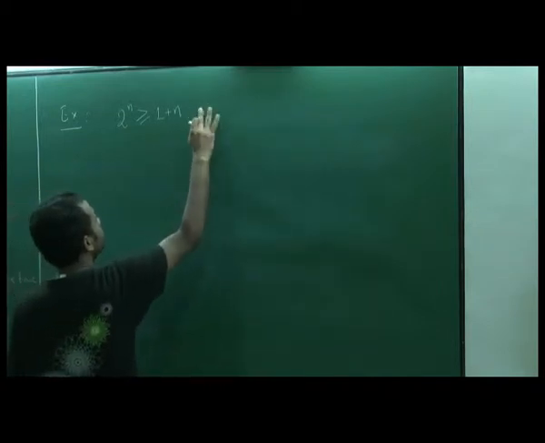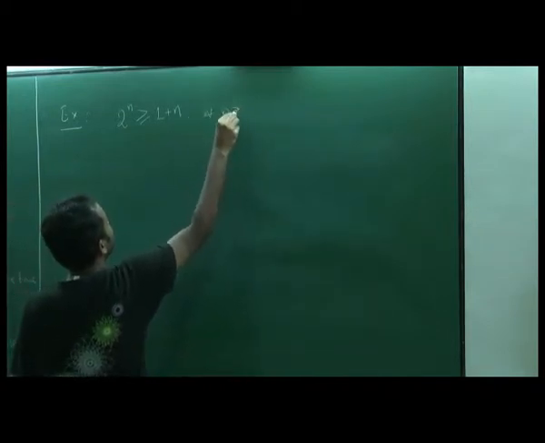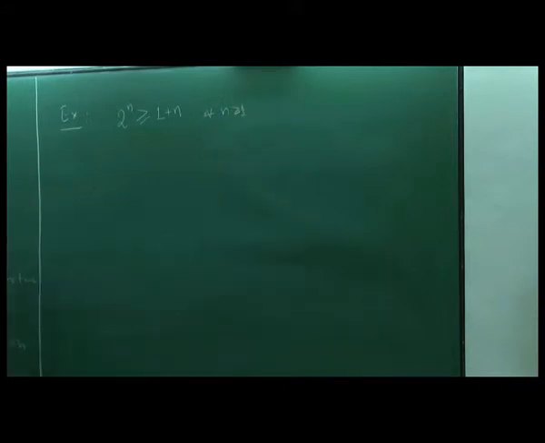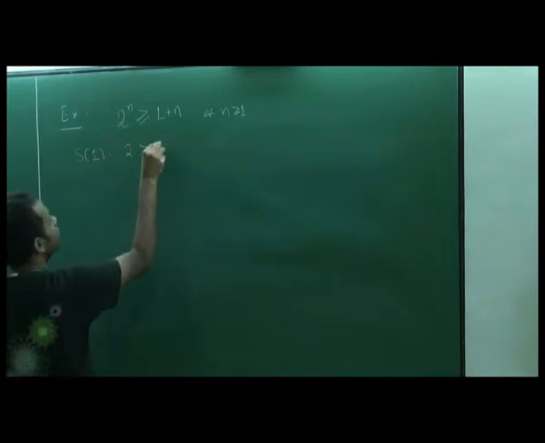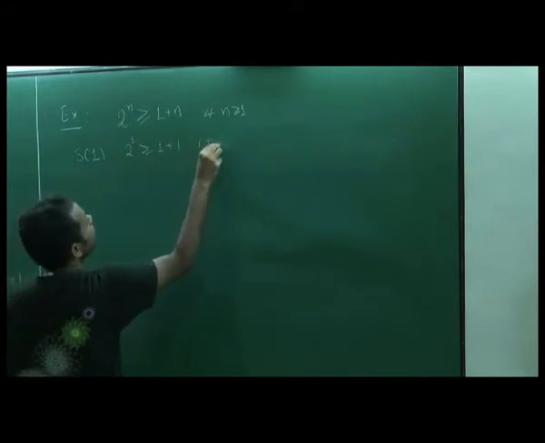That's an easy one, right? So how do you prove it? First you have to take the base. What you have to prove is for all n greater or equal to 1. So the base case is for 1. What is S of 1? 2 is greater or equal to 1 plus 1, which is true, right?